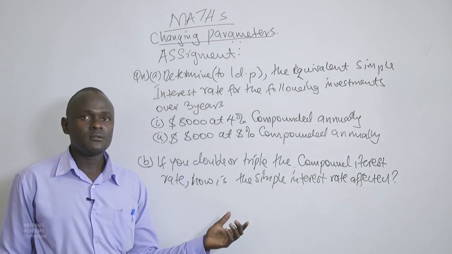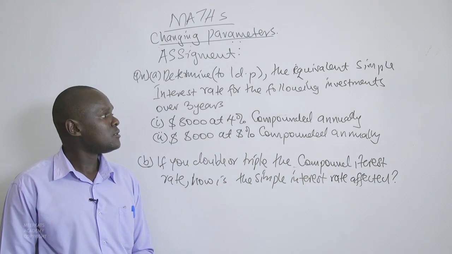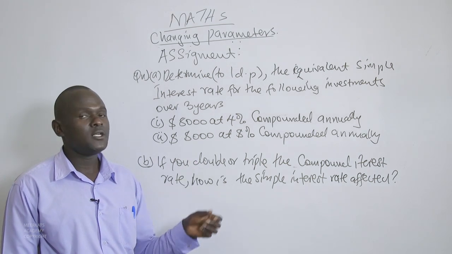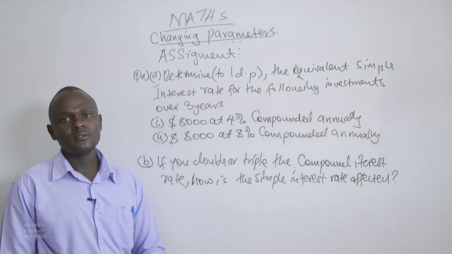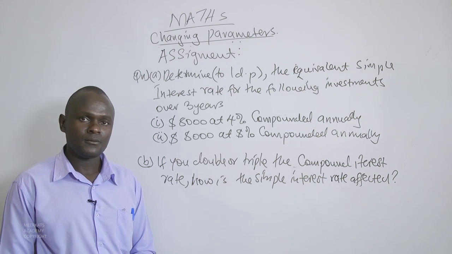So in this question, we are supposed to make comparisons between the compound interest that will be obtained when compounding annually and when using the simple interest formula.